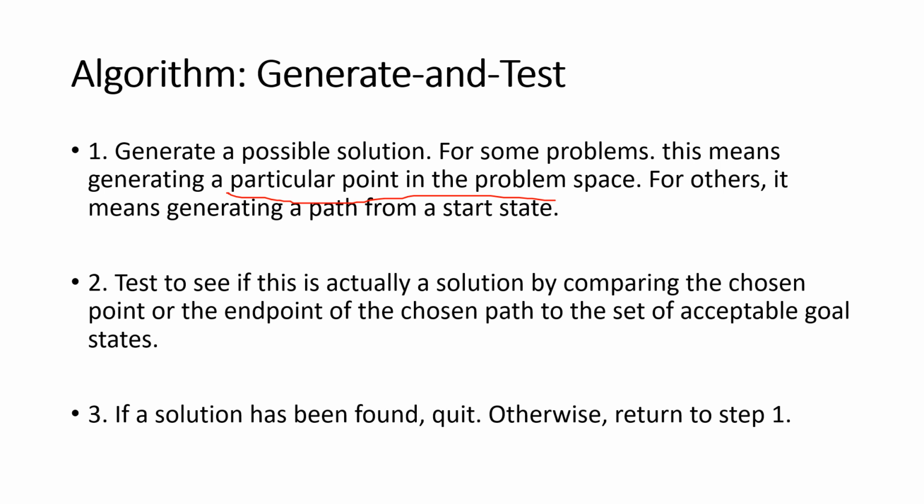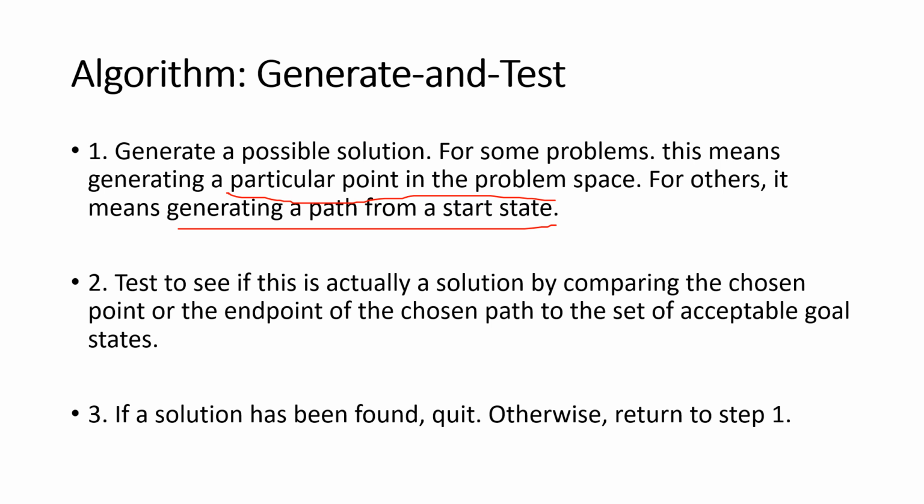But if you are considering a route from city A to city B, then we can generate a path from the start state. So we are not guessing partially, the solution must be complete.